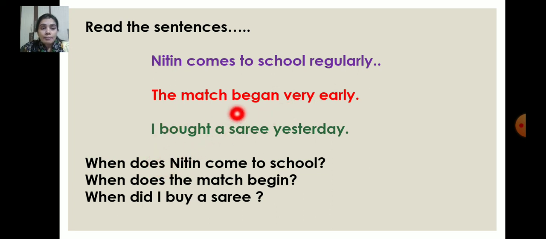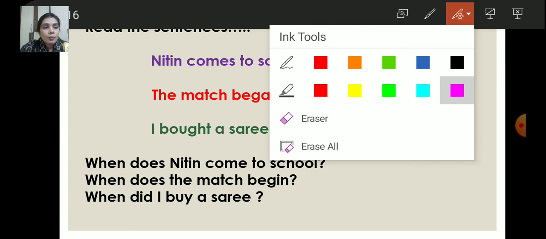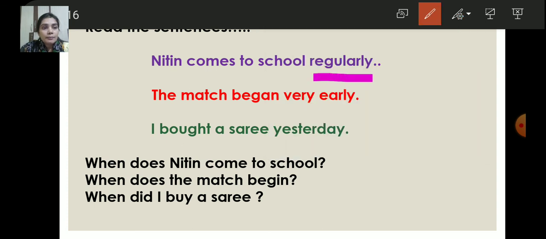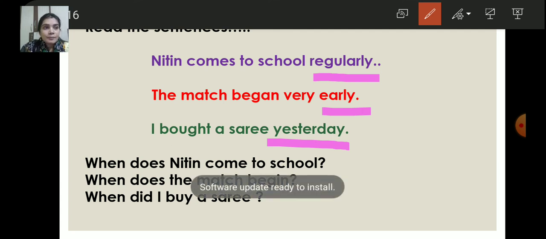The match began very early. So when does the match begin? Early. I bought a sari yesterday. So when did I buy a sari? Yesterday. So these are adverbs of time.